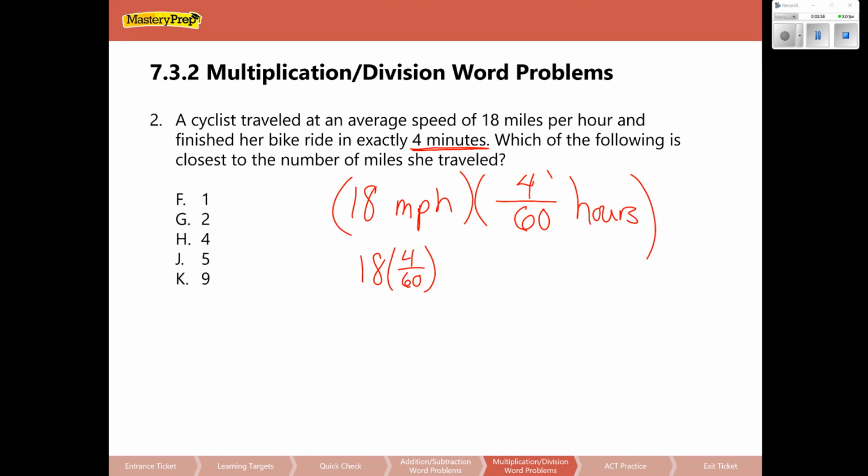And if we multiply this together, we get what? 1.2, which is close to 1. So she traveled approximately 1 mile in 4 minutes. Any questions on this here?